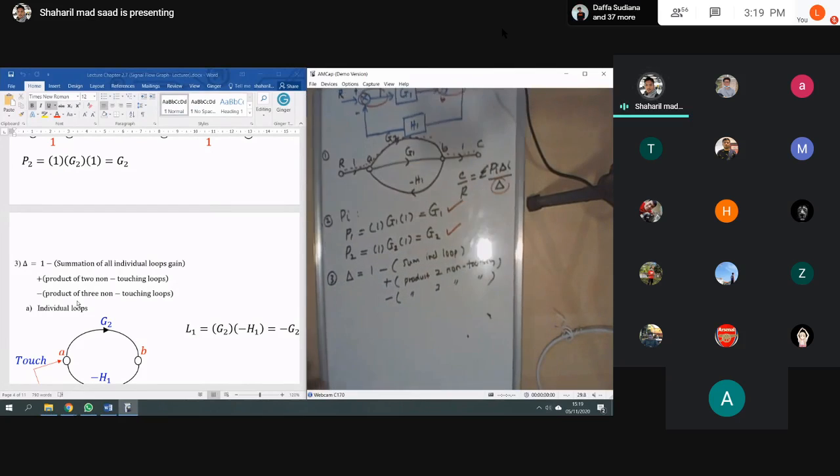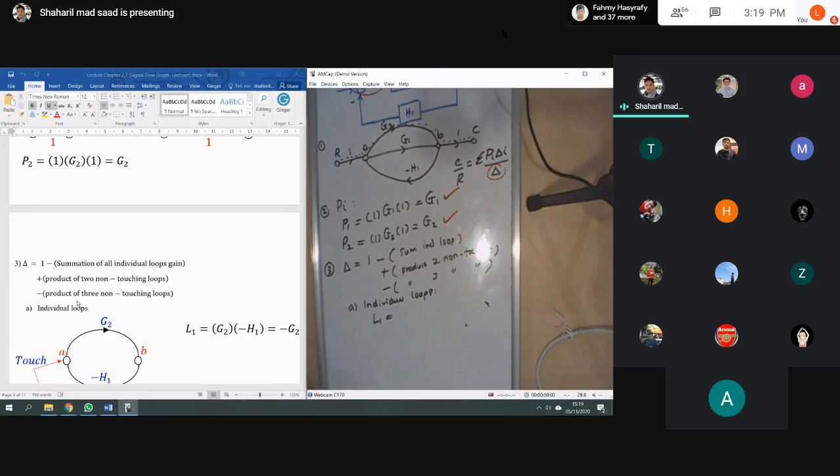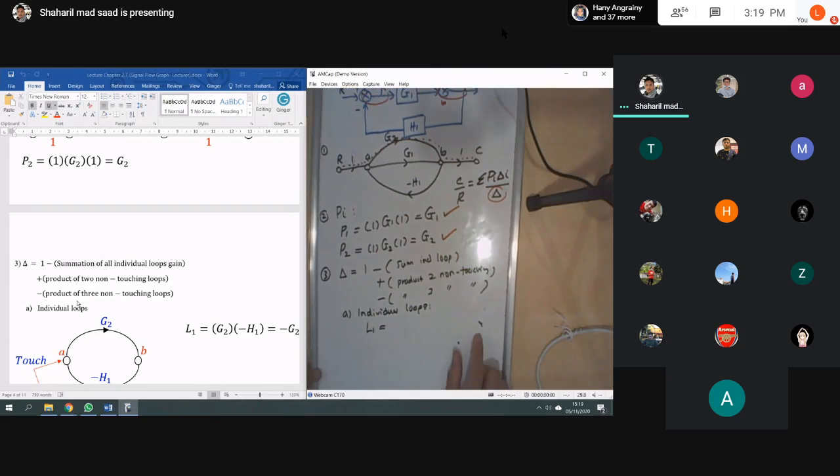Something like that. So first of all, in step number 3, you need to find the individual loops. Let's say I have L1 first. I want to find L1 first. So look at which loop we have.